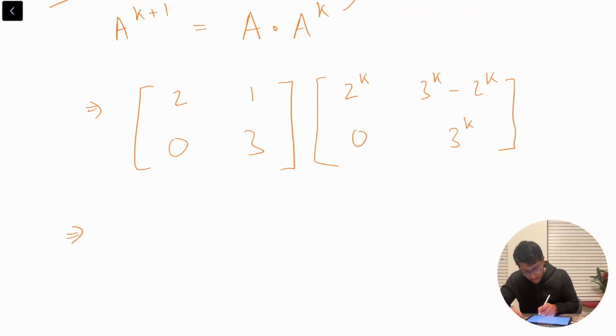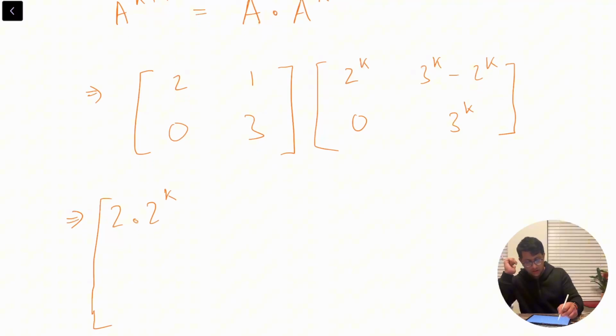So by matrix multiplication, we get the top left is going to be top row times the first column, which is just 2 times 2^k. The top right is going to be the top row times the second column, right?